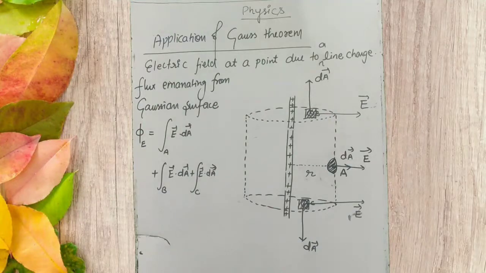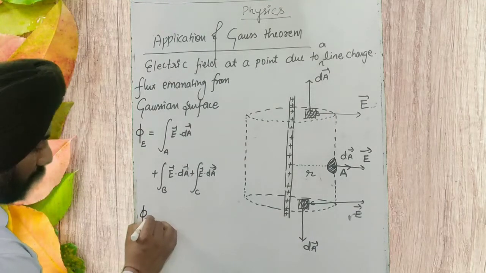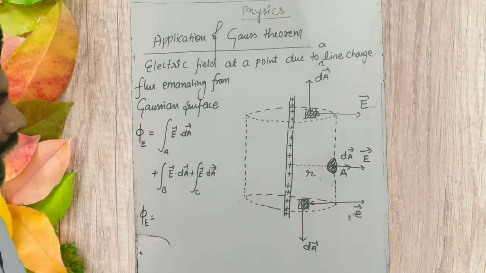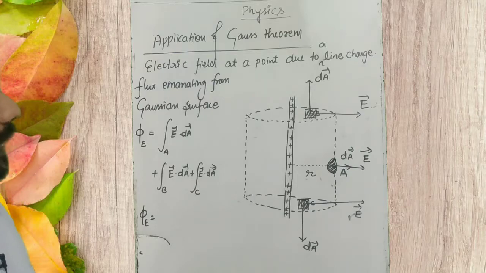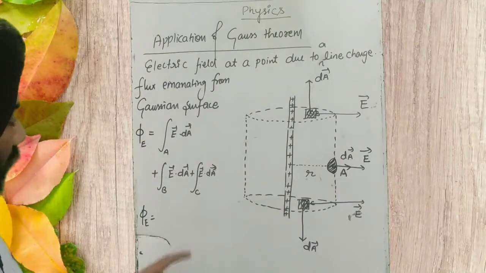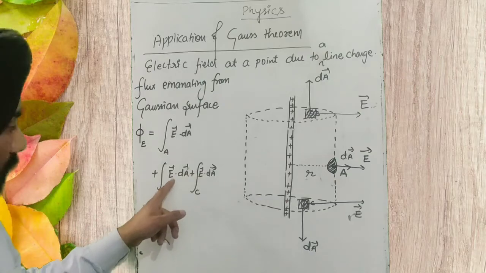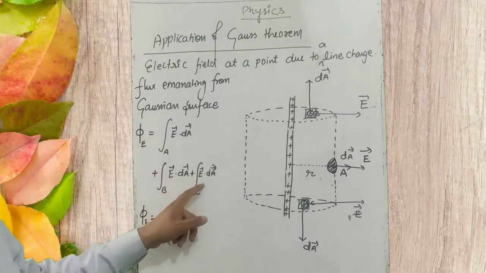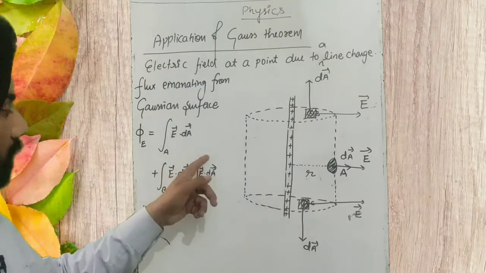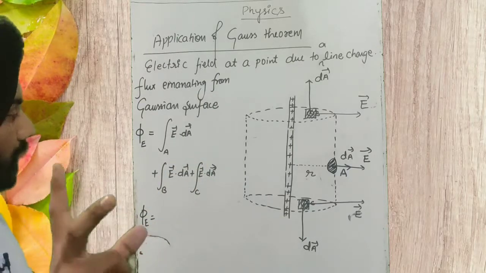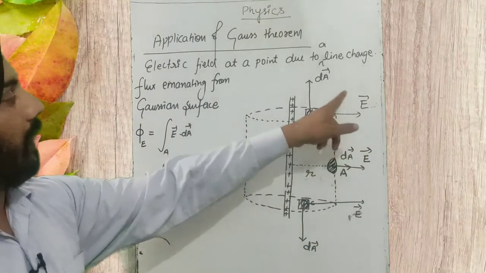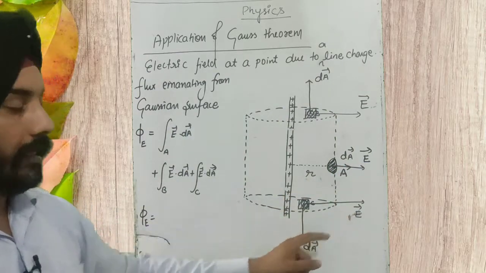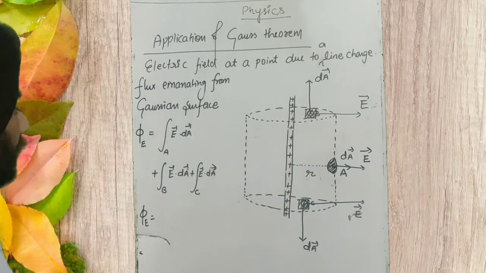So what is phi E now? Now we are going to put in the angle between E and dA. We must see what the angle between E and dA is. Flux is a dot product, and when we remove the dot and vectors from E and dA, there must be a cos theta, where theta is the angle between E and dA.